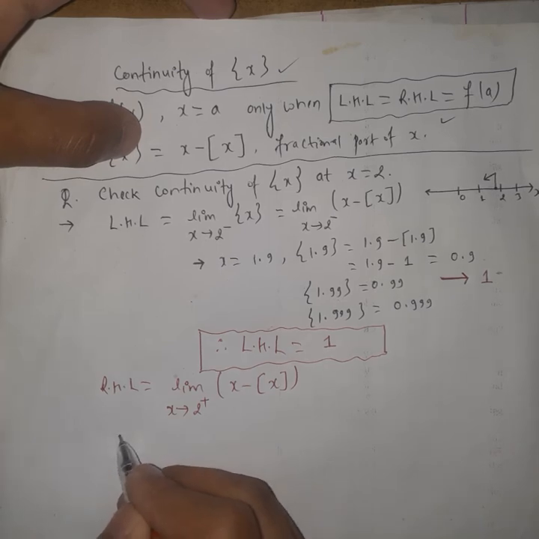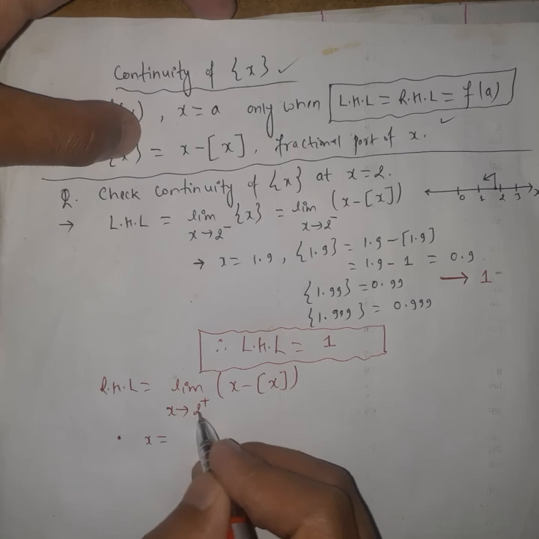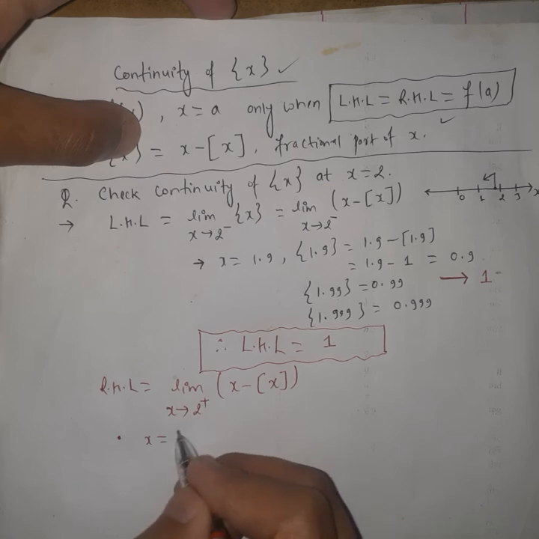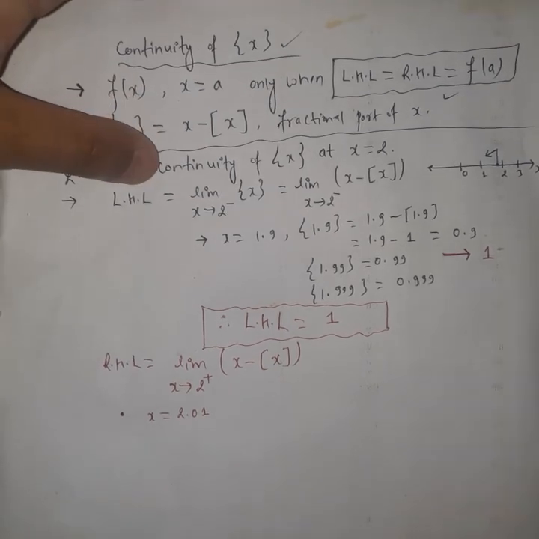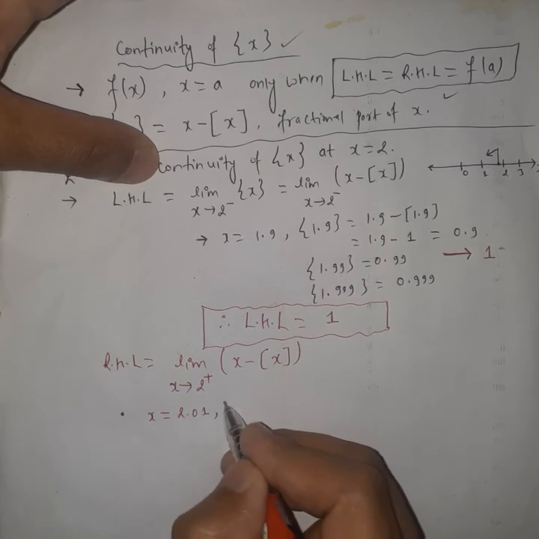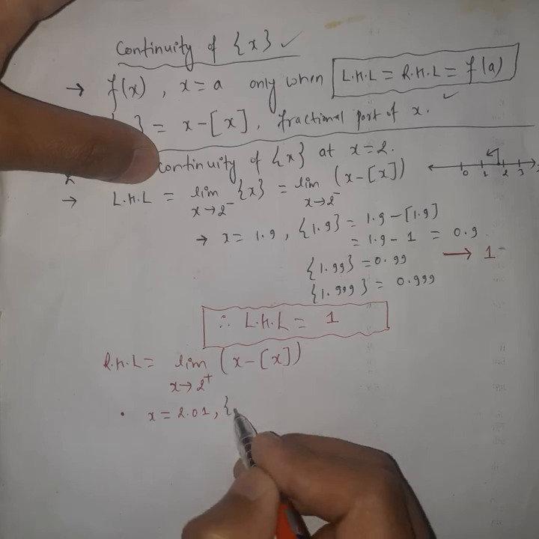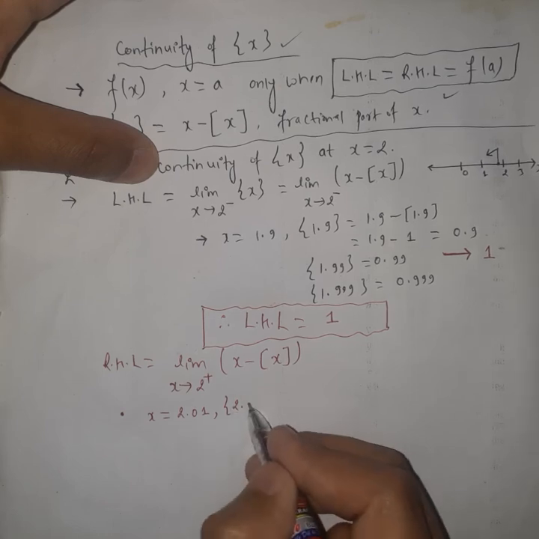Let's take some inputs here. Let's take the value of x nearly equal to 2.01, which is very close to number 2 from the right hand side. Let's calculate the fractional part of 2.01.